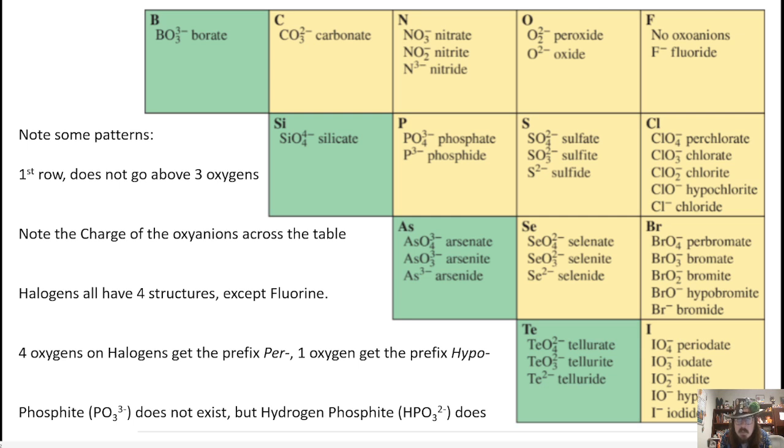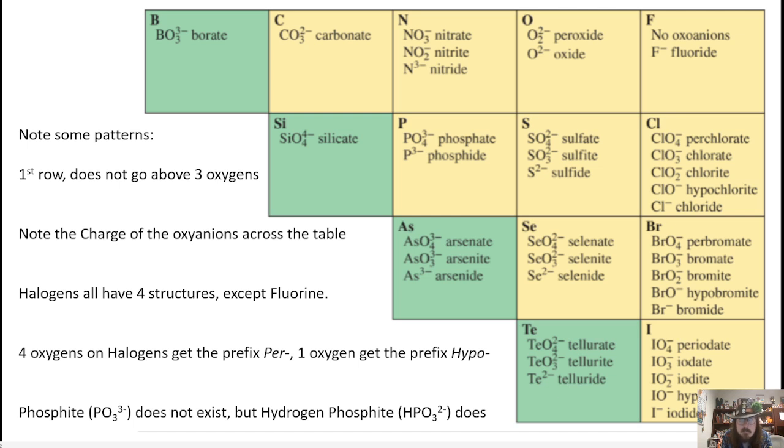In nitrogen, we also have NO2, 1 minus, nitrite. Note that the charges of nitrate and nitrite are the same. Moving down to the next column, aluminum, remember, is a metal, not a nonmetal, so we skip that and move to silicate, SiO4, 4 minus.